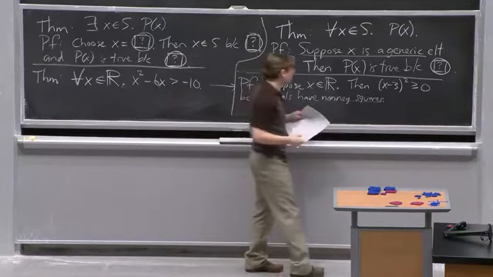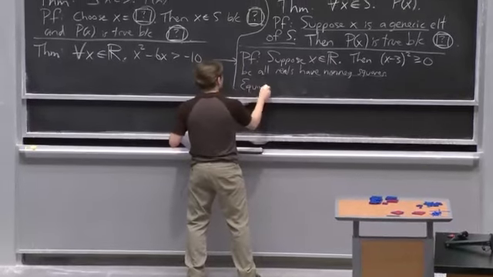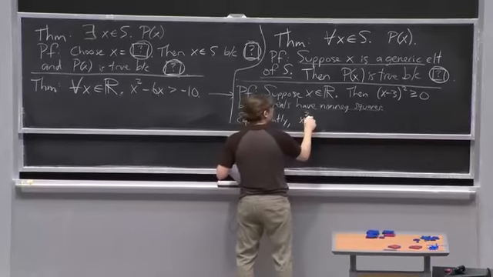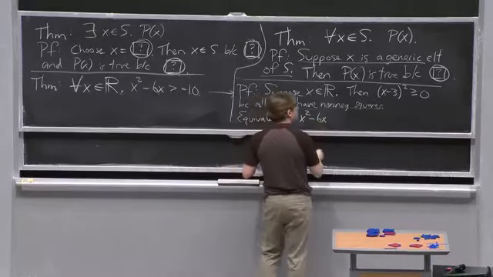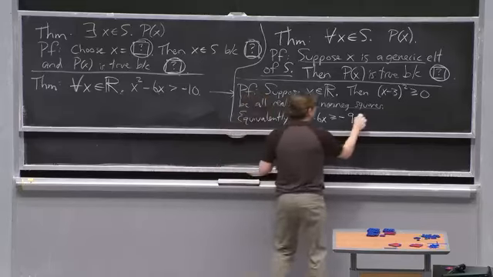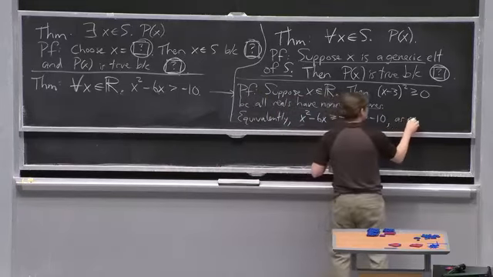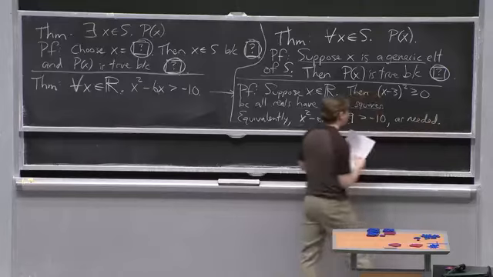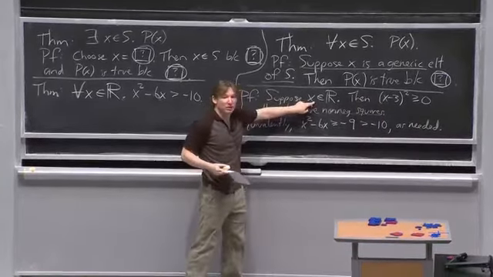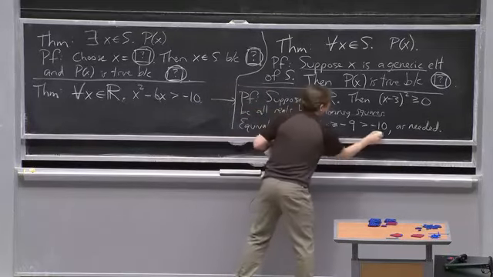All right, and once we know this, equivalently, this says that x squared minus 6x is greater than or equal to minus 9, which in turn is greater than or equal to minus 10, as needed. So we started with pick some element of R without specifying which one. We ended with the property we need is true. QED.